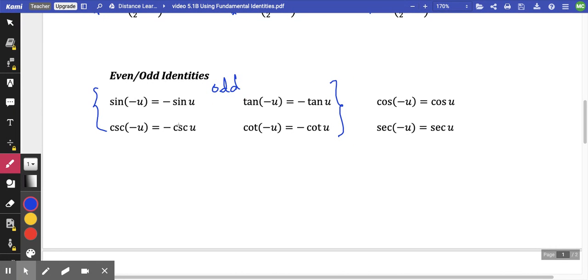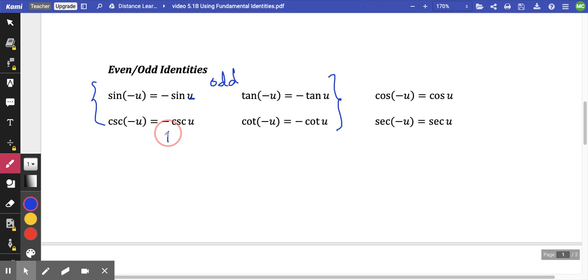With odd functions, if you've got that function of a negative angle measure, like sine of negative u, sine of negative theta, that negative sign could be brought to the front of the trig function and taken off of the argument of it, and it is equivalent. So that kind of gets the negative out of the angle area and makes things easier to deal with there. So for our odd functions, we've got sine, cosecant, tangent, and cotangent. With all of those, if you've got that trig function of a negative angle, you can bring the negative to the front of the trig function.